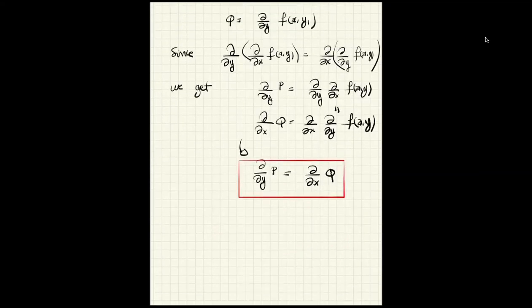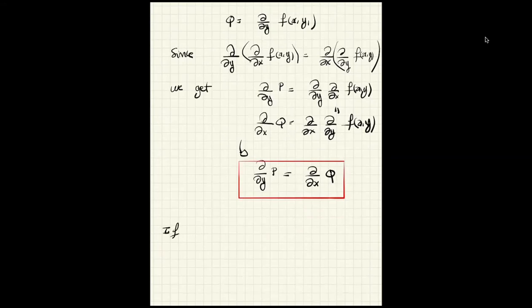It's one direction only. If F is conservative, then I have this.